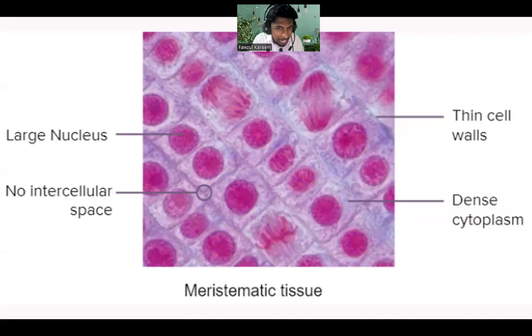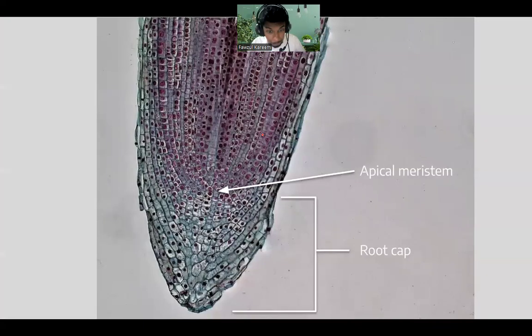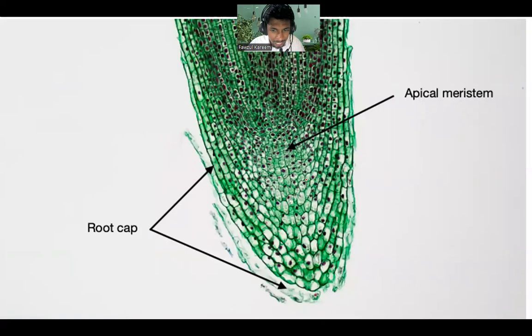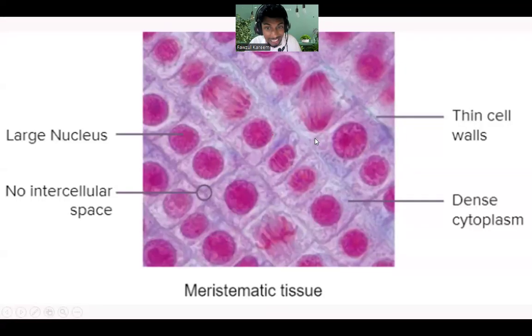No. Is there any space between the cells? No, because all the cells are packed very tightly. Can you see some space between the cells here? No, the cells are tightly packed. So here the tissue doesn't have intercellular spaces.